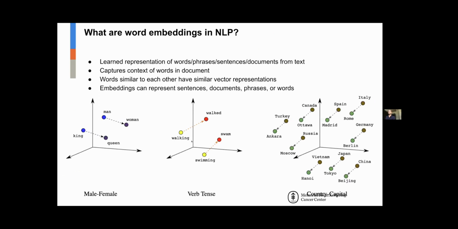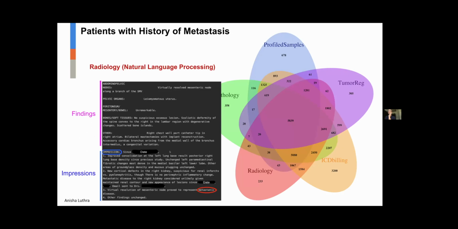And just real quick, a couple of slides on natural language processing in general. If you were to look at millions, or at least hundreds of thousands, of these reports, you can what is called vectorize these words into numbers.